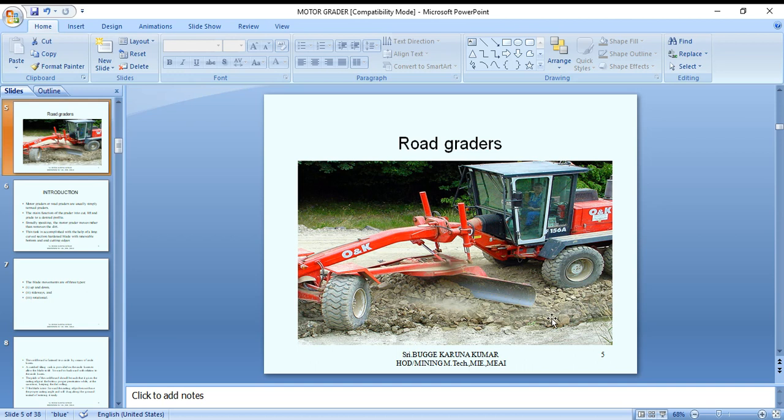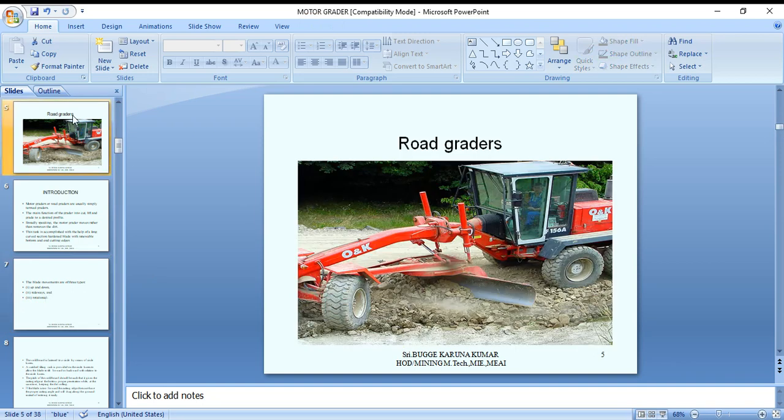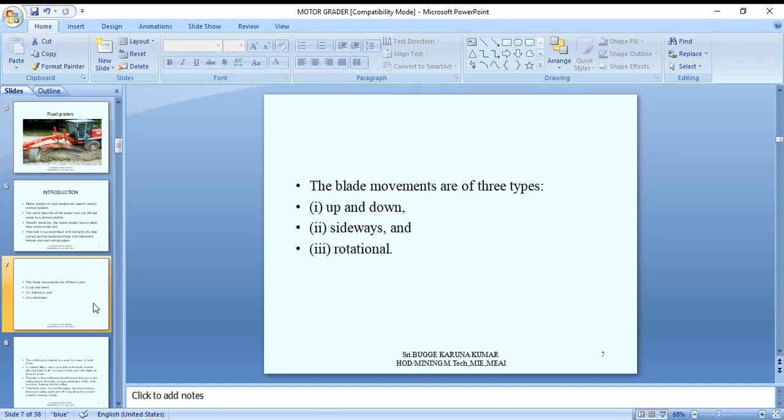In the coming picture you can easily understand the blade movement and rotation. It is possible to rotate around this whole area. So these three functions are performed by the road grader.